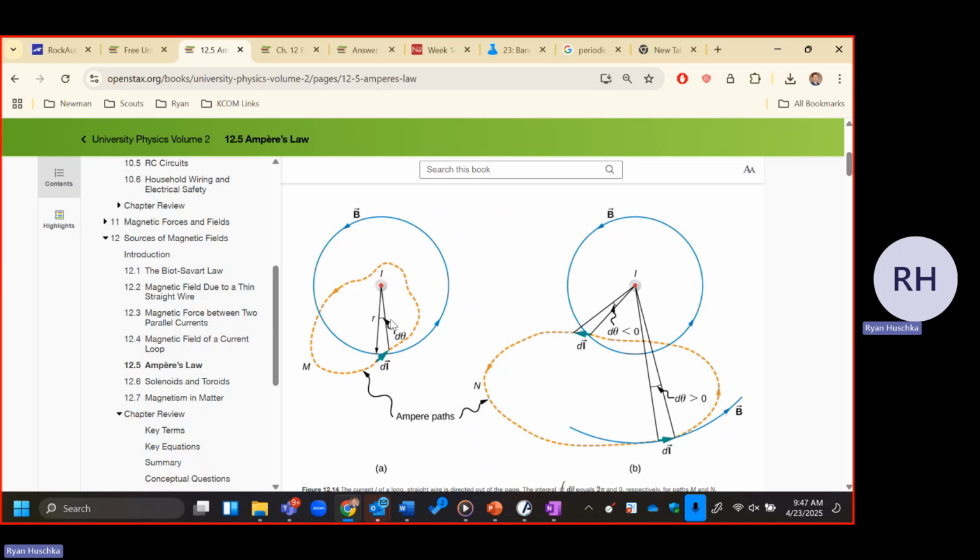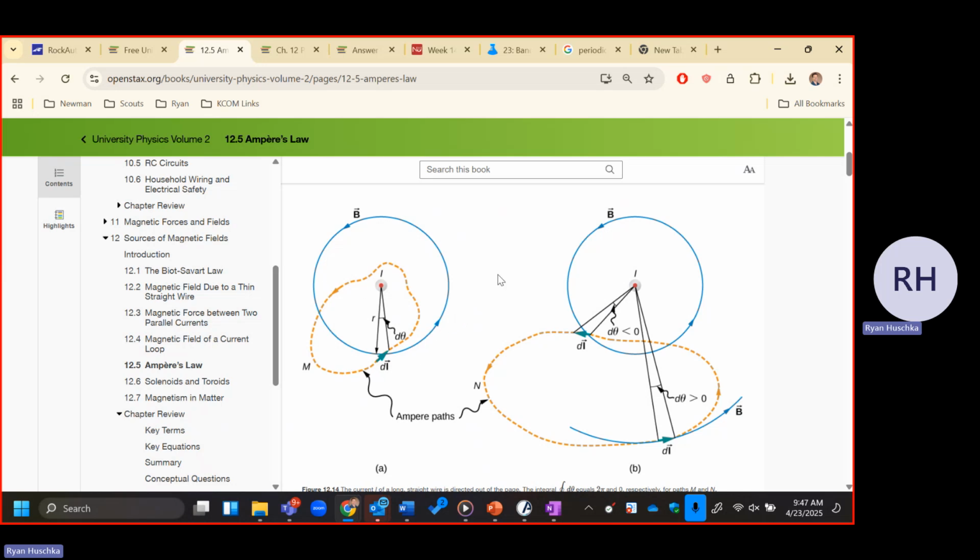You have a distance from the wire to the end of the surface, and then a dl, a small length of the line that makes up the path around that wire. If you integrate all of that, everywhere around that loop you get the same direction, always counterclockwise.